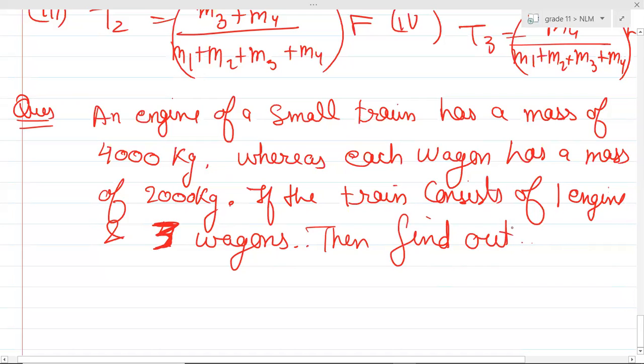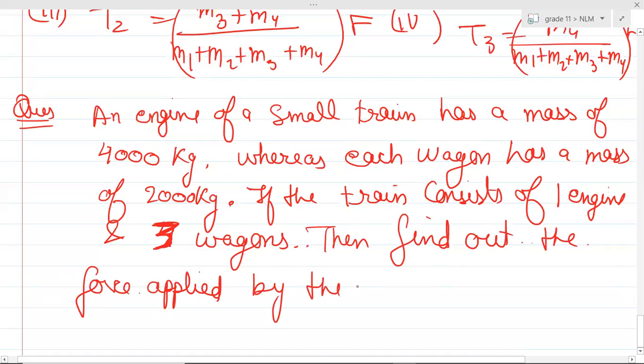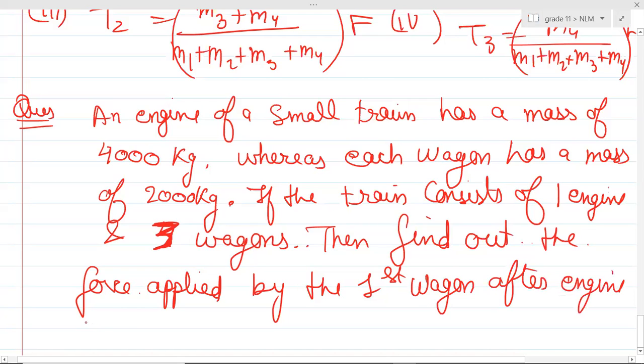Then find out the force applied by the first wagon after the engine on the second wagon. So basically, can you see the question is just similar to that blocks and all, right?